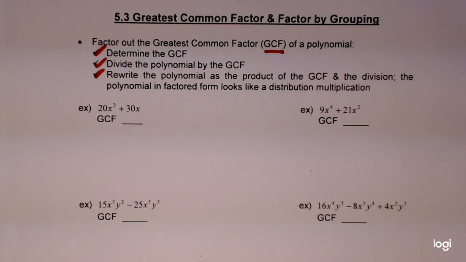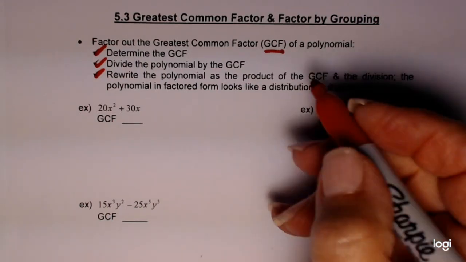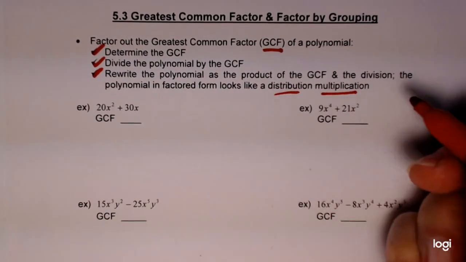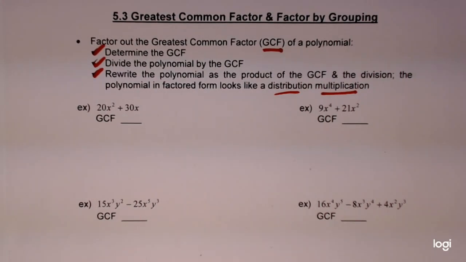So in other words, our answer is going to look like a distribution multiplication problem. The GCF is going to be sitting outside the parentheses, and what we have after we do the division is going to be sitting inside the parentheses.